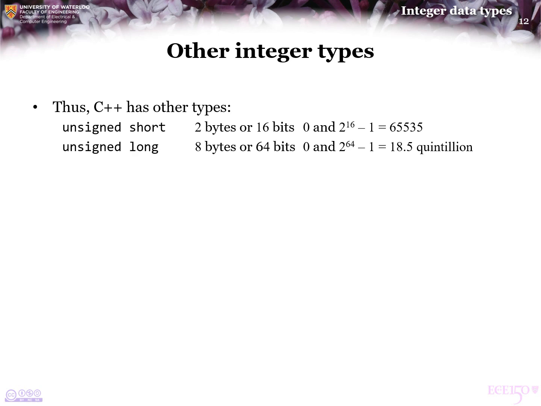If you need more than 4 billion values, then unsigned long occupies 8 bytes or 64 bits and can therefore store values between 0 and 2 to the 64 minus 1, which is approximately 18.5 quintillion. This is generally sufficient memory for most objects that are being counted.